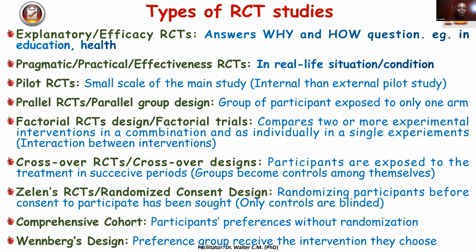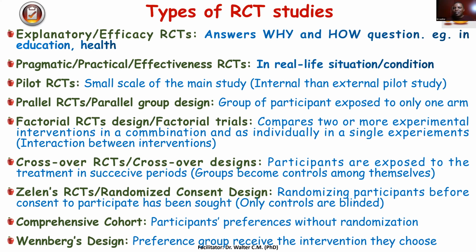And then we have a comprehensive cohort. In a comprehensive cohort, participants themselves show preferences for which group they want to engage in. So if they prefer treatment A, you allow them to join treatment A. And then you are not randomizing them because it's based on their preferences. So you treat them as per their preference.